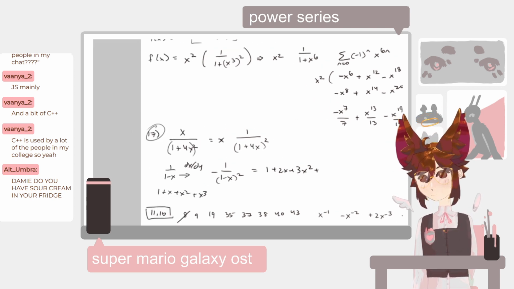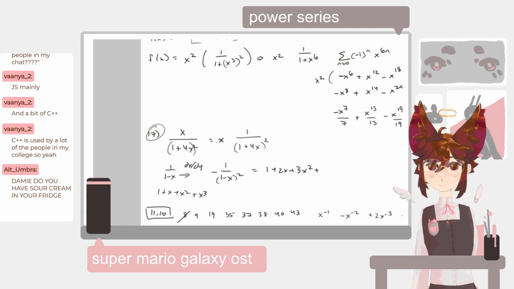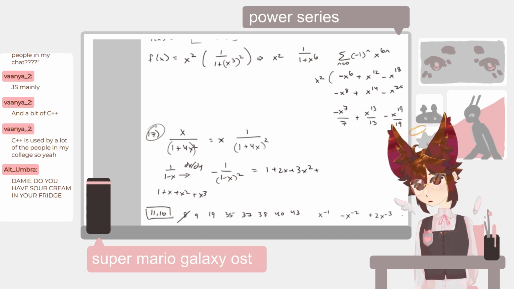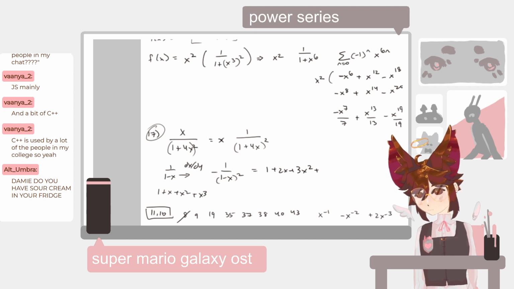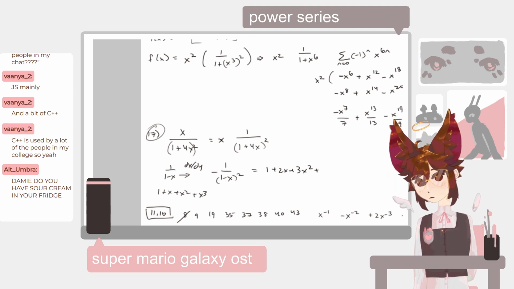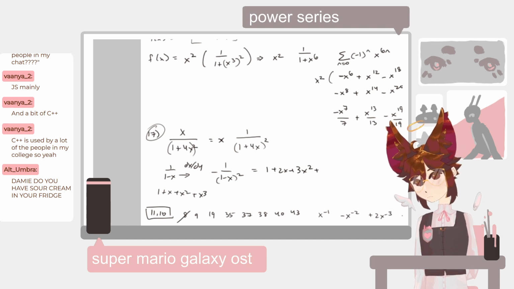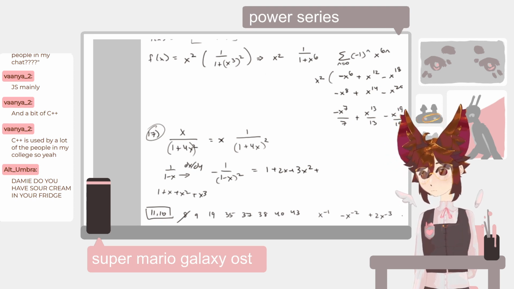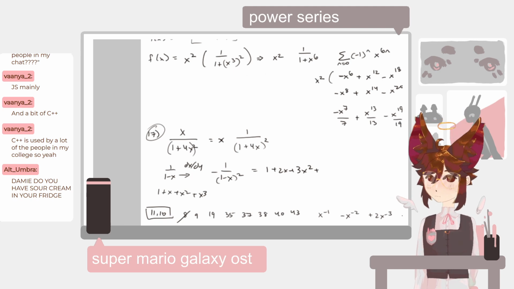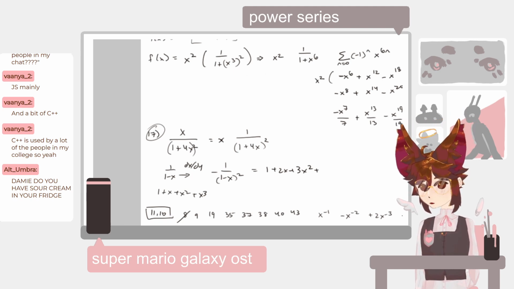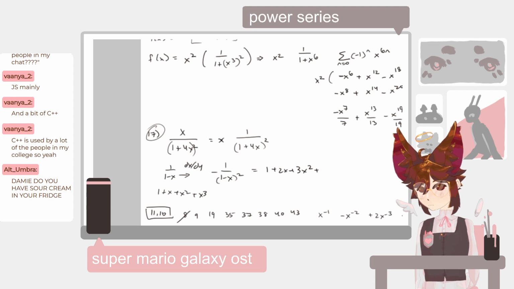I don't trust this. Let's see if I can do it in a way that makes more sense. Because this seems like trickery. This seems like a funny little trick. So we want the power series of x over 1 plus 4x quantity squared. Try taking out the x and integrating.